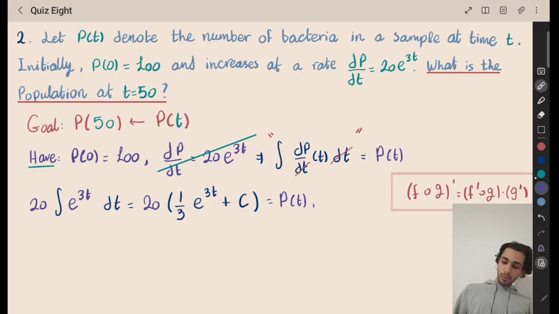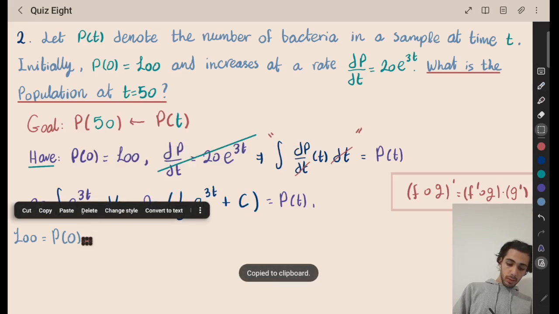So if this is true, and I would like to use this part, then I would get the following. I'll get that p of 0, on one side, should be equal to 100. And on the other side, it should be equal to this.